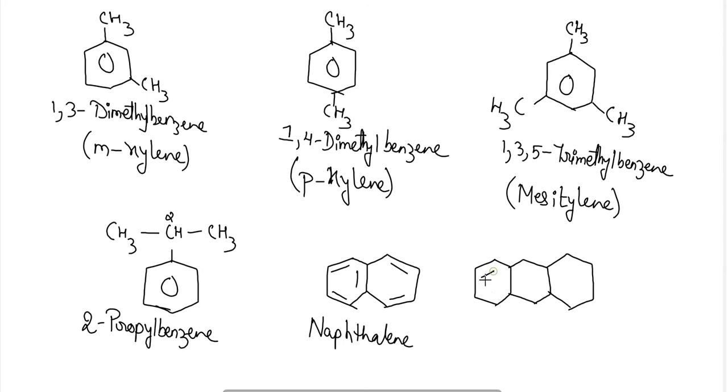If three benzene rings are attached like this, then it will be termed as anthracene. So like this, different names of the compounds can be taken when two or more benzene rings are attached with one another.